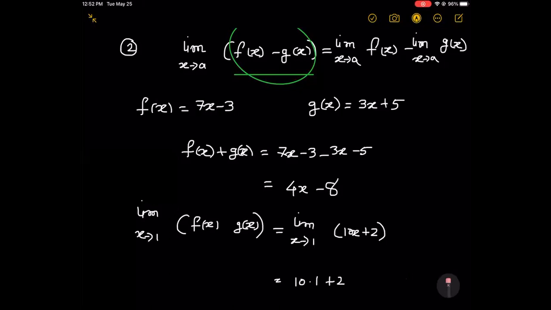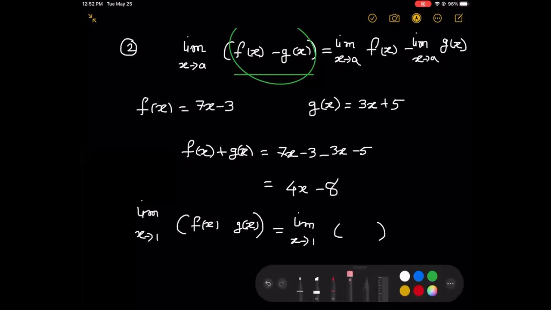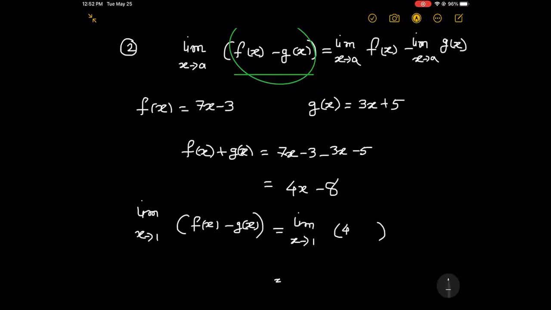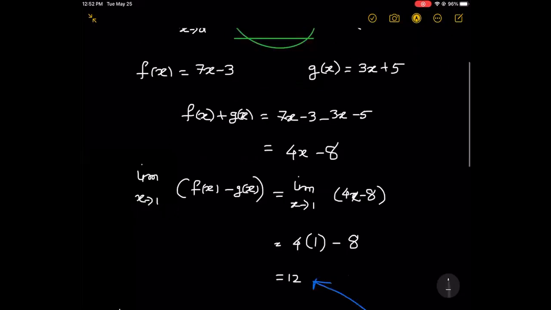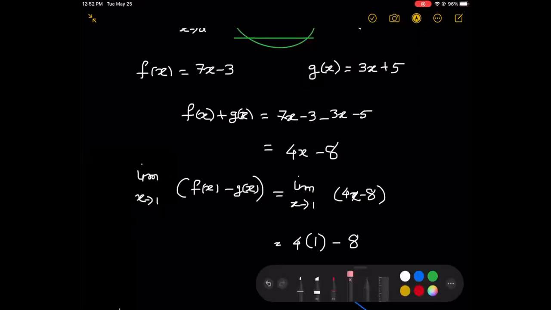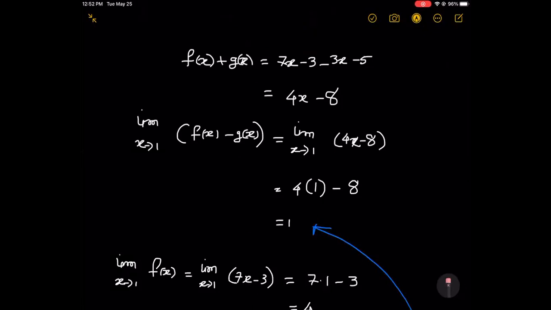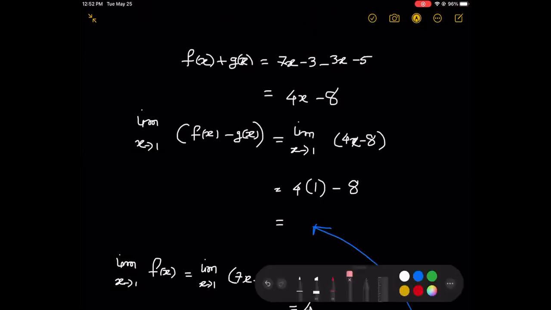I'm just using negative in place of the positive one, nothing else. Okay, so I have 4x minus 8. And I can still plug in the same value, which is 1. And I'll get -4. Do you agree?